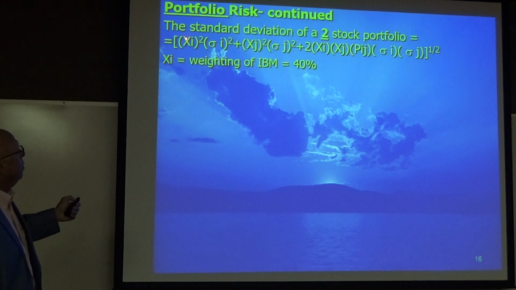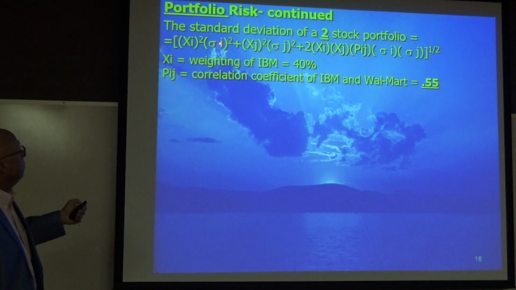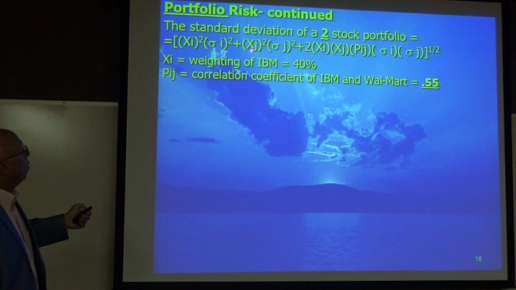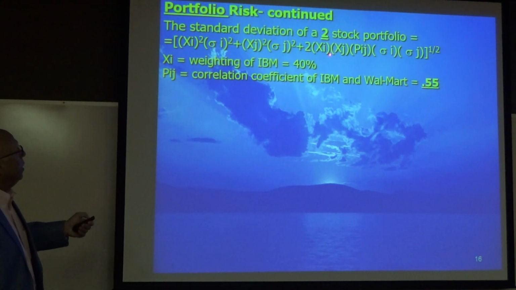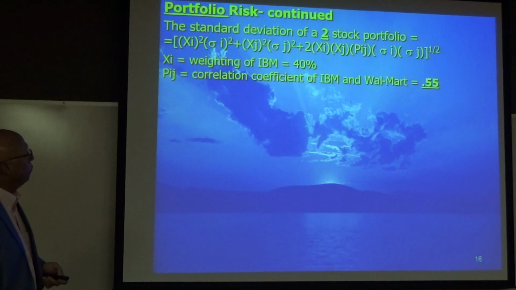So we have the weighting of IBM and the standard deviation of IBM, and then we have the weighting of Walmart and the standard deviation of Walmart, and then we have rho_ij, which is the correlation coefficient of IBM and Walmart. So the weight times the standard deviation plus the weight times the standard deviation plus 2 times the weights times the correlation times the standard deviations, all taken to the square root.